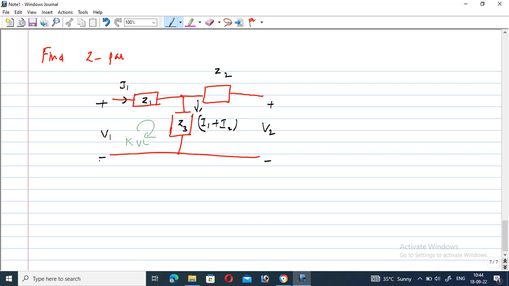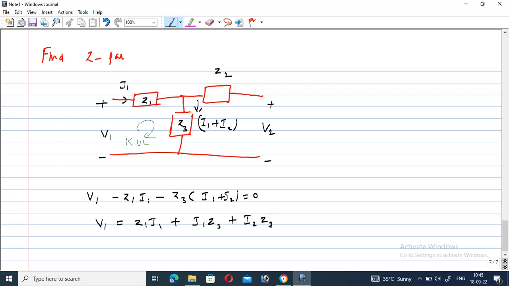So V1 minus Z1 I1, plus, I will treat it as a negative sign convention, minus Z3 into I1 plus I2 is equal to 0. So from this, V1 is equal to Z1 I1 plus I1 Z3 plus I2 Z3.